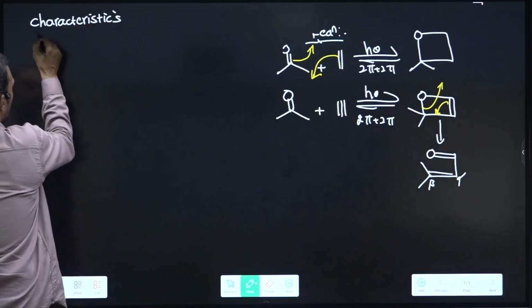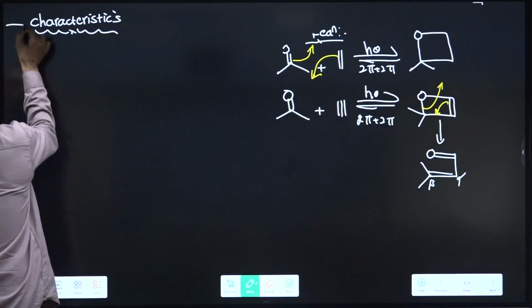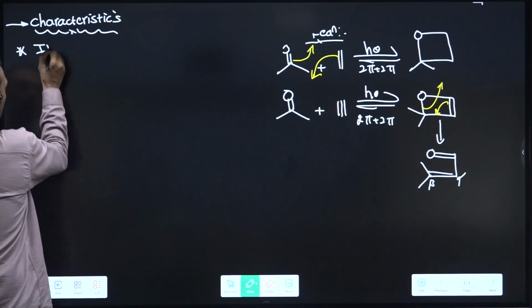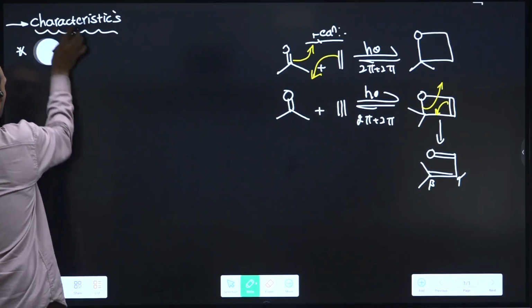Then write the characteristics of the PB reaction. First, irradiate the carbonyl compound with a suitable wavelength.